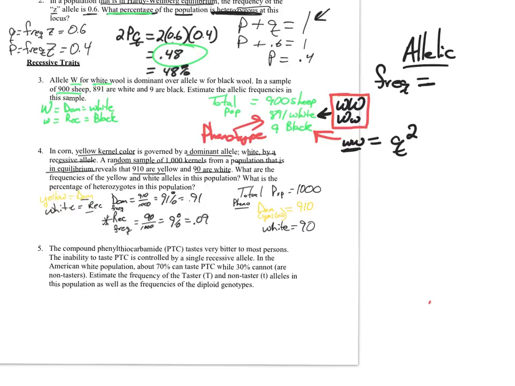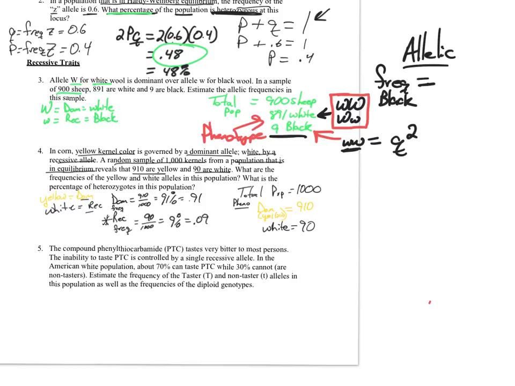So you've got to get that. If you get the phenotype, you need to know the frequency of the recessive phenotype, because then you've got Q squared. And the magic is, then you just open the box. Everything else flows out after that. So now you've got Q squared. What is Q squared? That's the frequency of black. So what's the frequency of black?